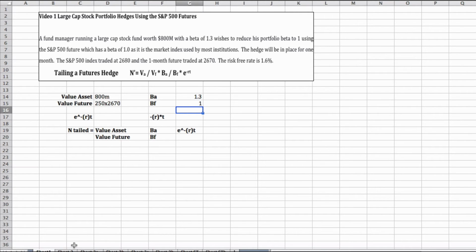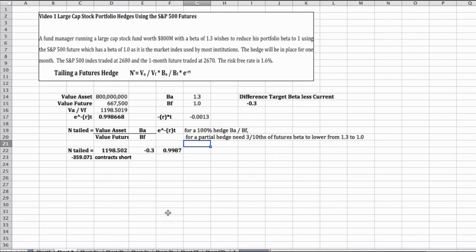If we look at the full hedge, the number of contracts necessary, 1198.